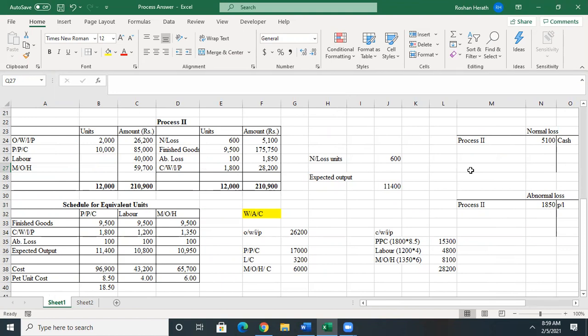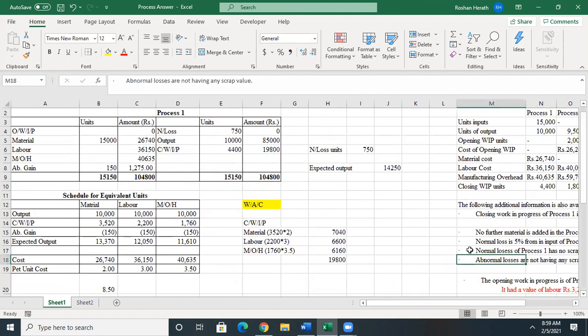You take the amount of the normal loss of process 2. The question had said it was at the value of, so usually it may give the amount, but here it was said that the normal loss is 5% of input, and the normal loss of process 1 has no scrap value. The normal loss of process 2 can be sold at a value equal to input to process 2.